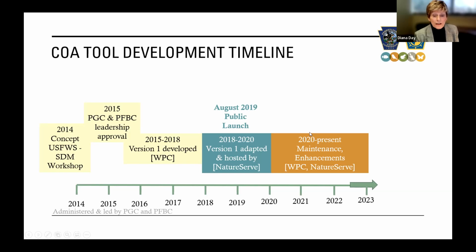That effort to adapt the Western Pennsylvania Conservancy version into the NatureServe platform took about a year and a half, and we launched the tool in 2019. Since 2020, we've been in maintenance and enhancement mode. I'm going to talk a little bit about an enhancement that's soon to be put forth, and I'll do that right at the end of my talk.